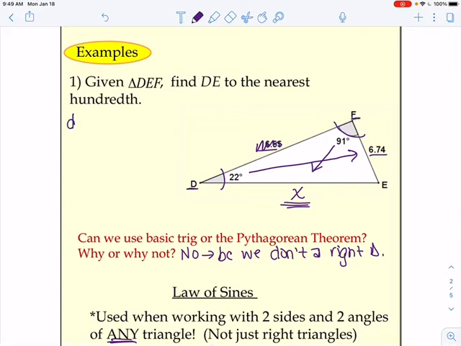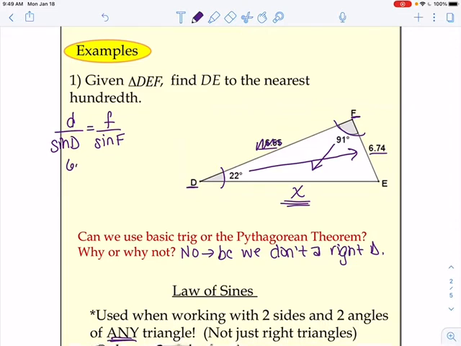So I'm going to say little d over the sine of D equals little f over the sine of F. Little d, the side opposite angle D, is 6.74, and that's going to go over the sine of 22. And then on the other side, little f, the side across from angle F, is going to be that X that I'm looking for.